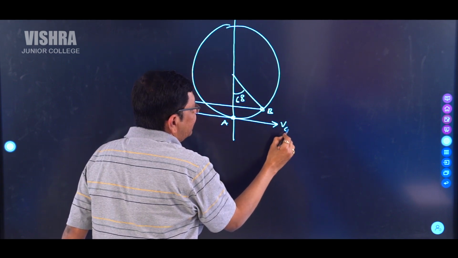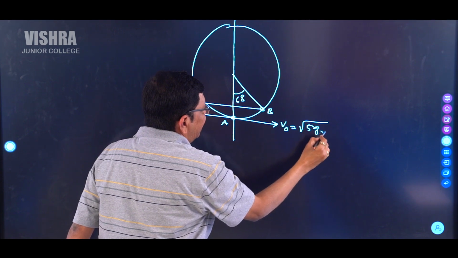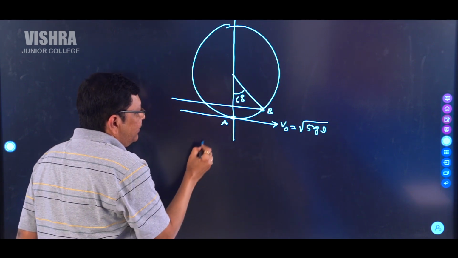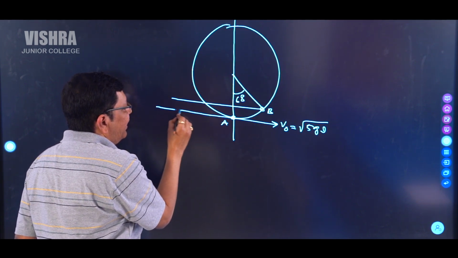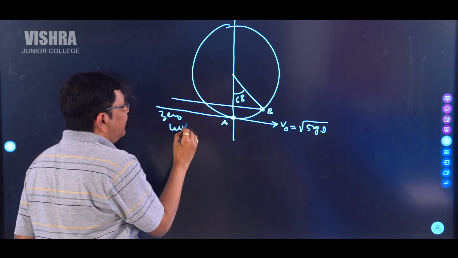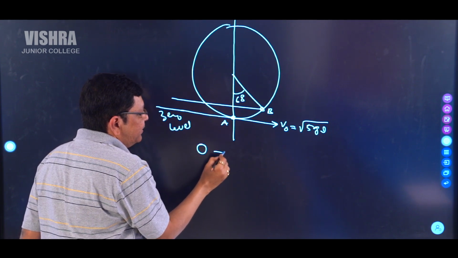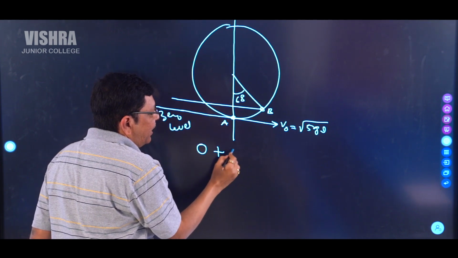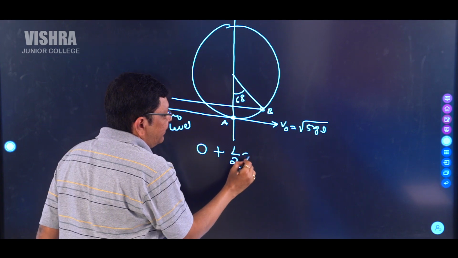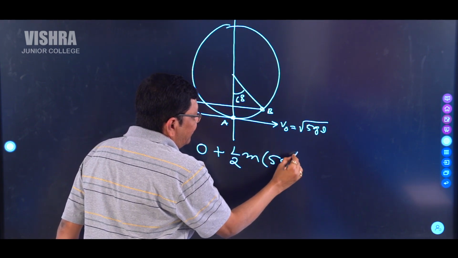At A the velocity V naught is root of 5gL, so V naught square is 5gL. If I take A as the zero level of potential energy, then at A the potential energy is 0 and the kinetic energy is half m V naught square, with V naught square equal to 5gL.